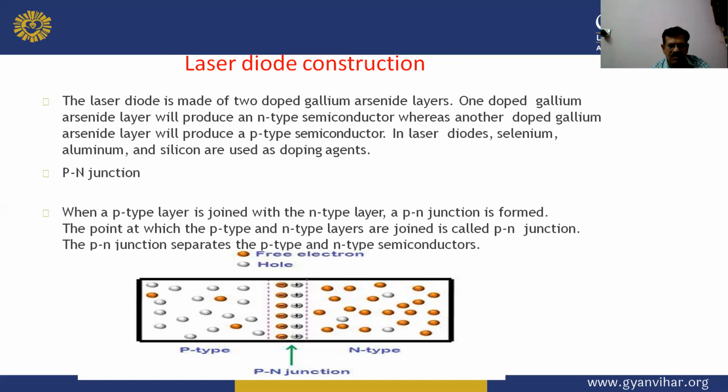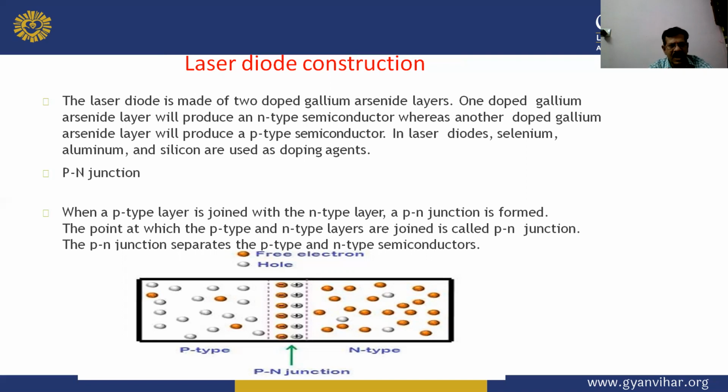There is some immobile charge, so the depletion layer acts as a dielectric or insulator. The width of the depletion layer depends on the applied reverse voltage across this PN semiconductor.